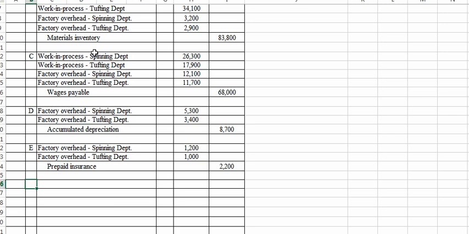Here they're not telling us how it's applied, but they're applying overhead to the spinning department, 22,000, and the tufting department 18,700. Okay, applied overhead is what actually gets counted in the cost of the product, not the actual cost.